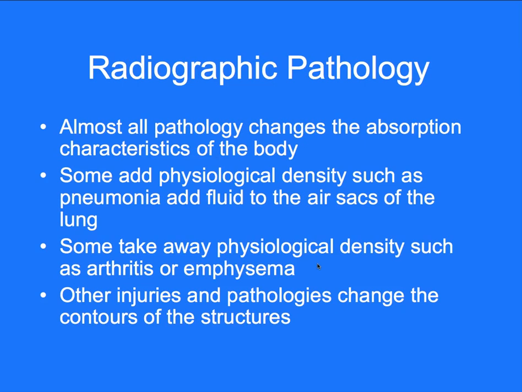We also have subtractive pathologies or low-density pathologies that take away physiological density, and arthritis is an example of that, emphysema is an example of that, certain types of bone conditions are examples of that. And then we have other injuries or pathologies that change the contours of the structure. In other words, it doesn't look normal.